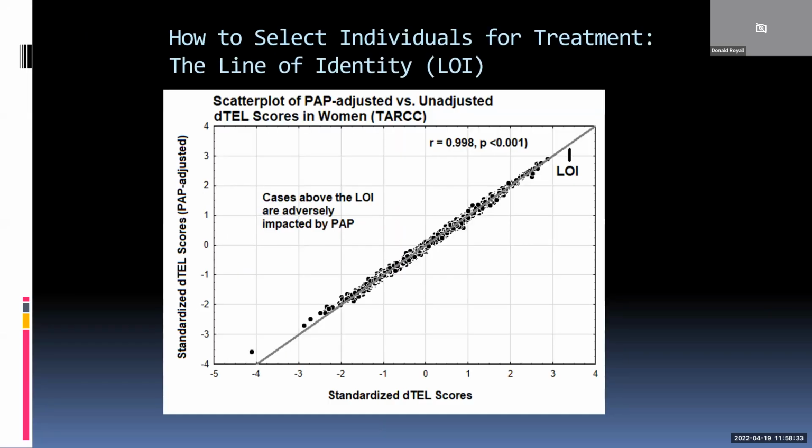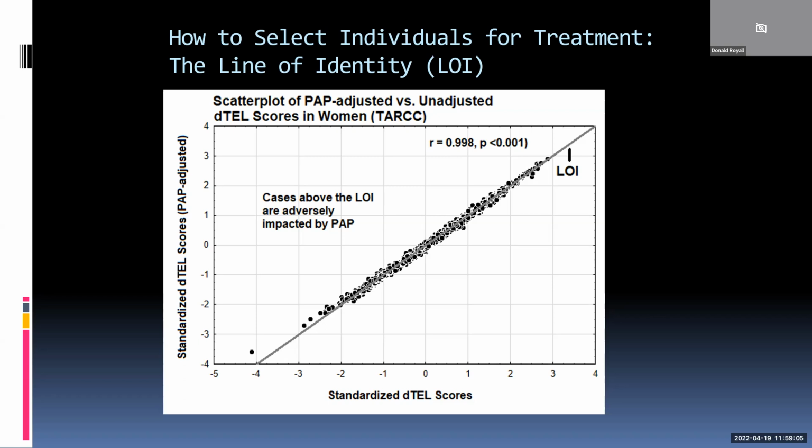So what we want to do is select individuals who are demented by the biomarker or risk factor of our choice. So what we have here is a scatter plot of cases, women in TARC. And I had previously determined that one mediator of gender's association with D is serum prostatic acid phosphatase, and that this was a risk factor for dementia only in women.